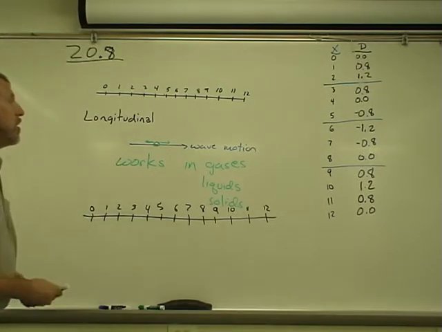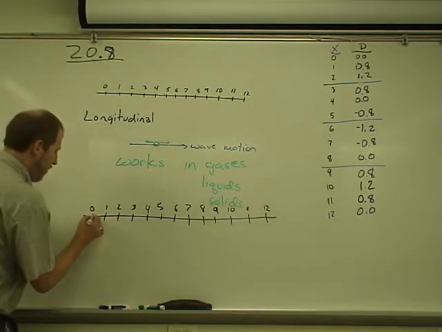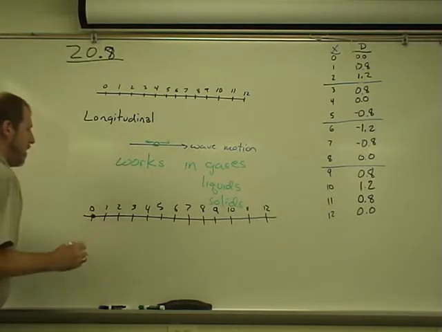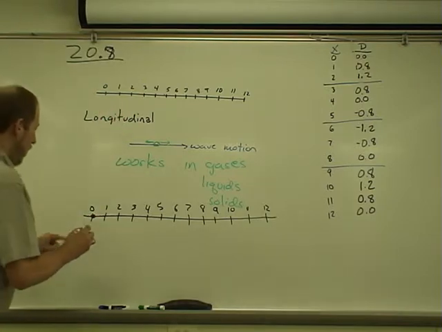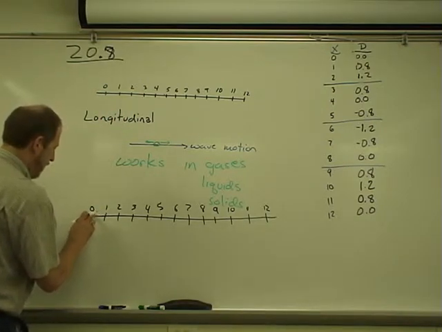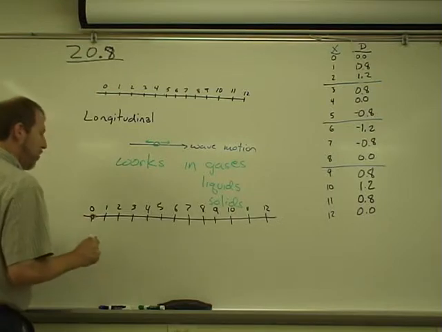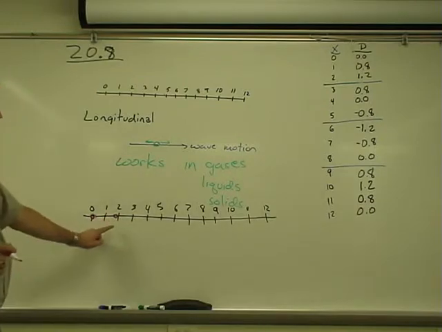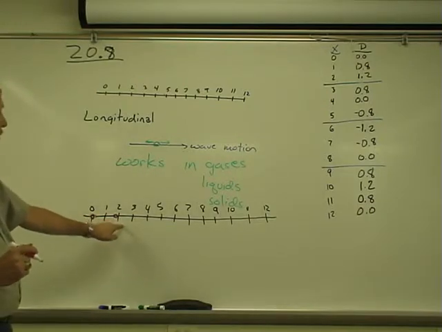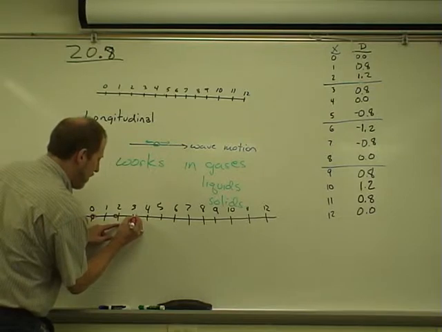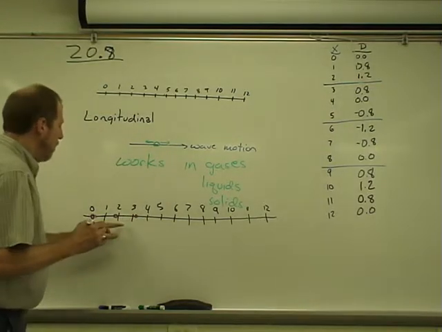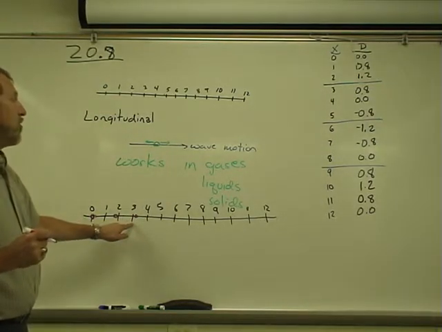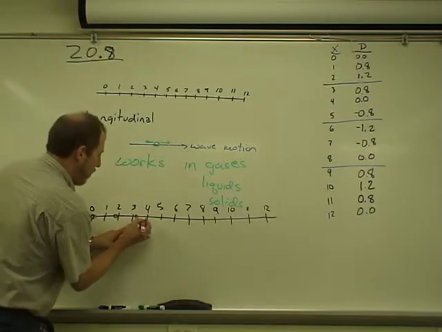So, the particle at x equals 0 has a displacement of 0. The particle at x equals 1, actually, let's make that an open loop so it stands out a little bit more, has a displacement of 0.8. The particle that started at x equals 2 has a displacement of 1.2. The point that started at 3 has a displacement of 0.8, so it is at 3.8.